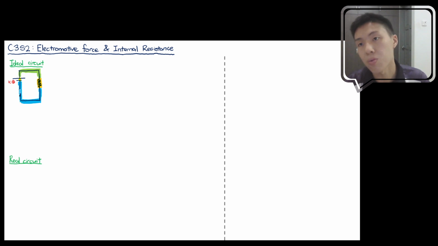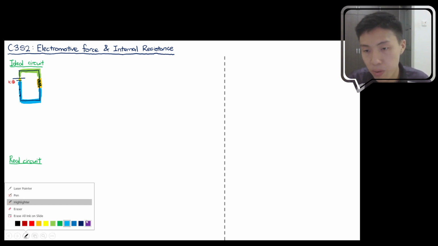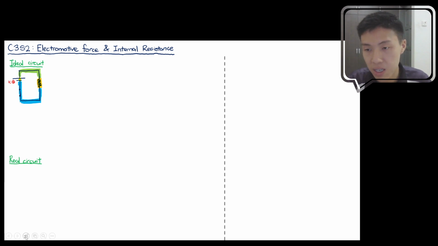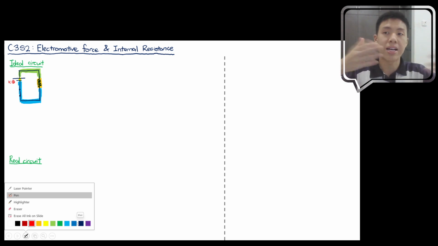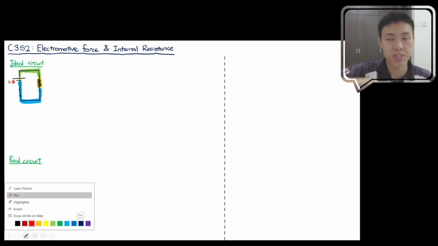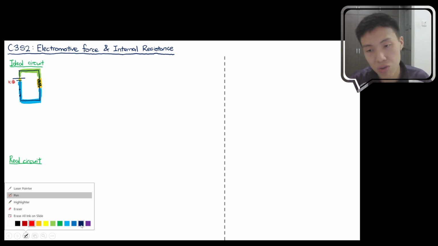Okay, so I'm going to focus on the path traveled by 1 coulomb of charge moving around the circuit. I'm going to break it open into a line to show the whole path from start to end. Of course, we know it goes around in circles, but let's start from one point and come back to the exact same point and see what happens to the energy exchanges throughout the journey.